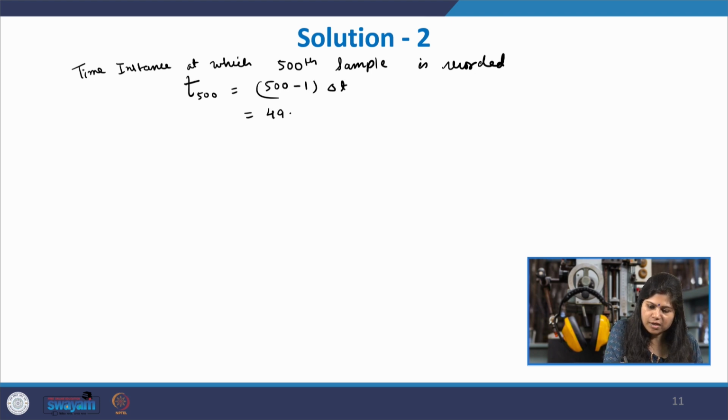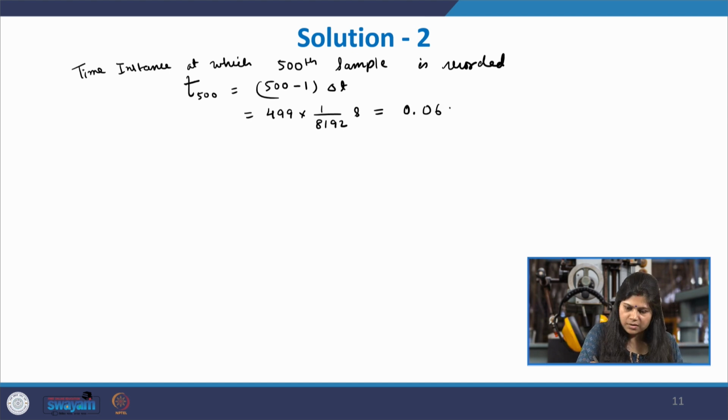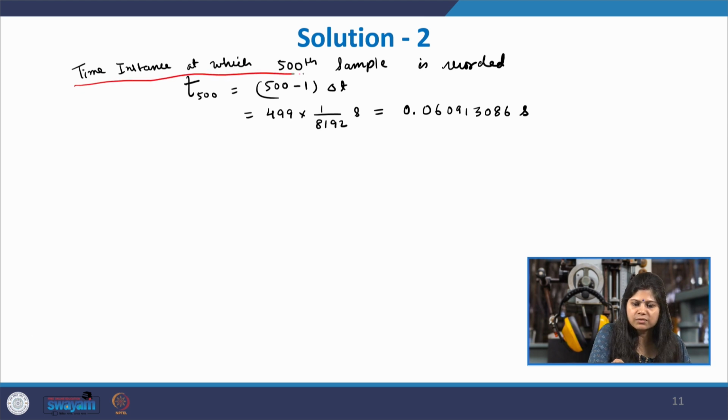So, 499 and del t is 1 by 8192, these many seconds. If you solve this, what you get is 0.0609. I am using more significant digits because here del t is very small. So, this becomes our answer for the second part of the question.